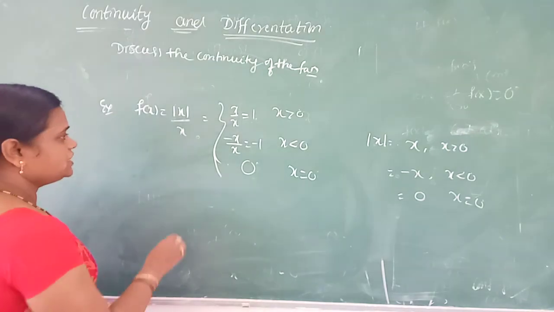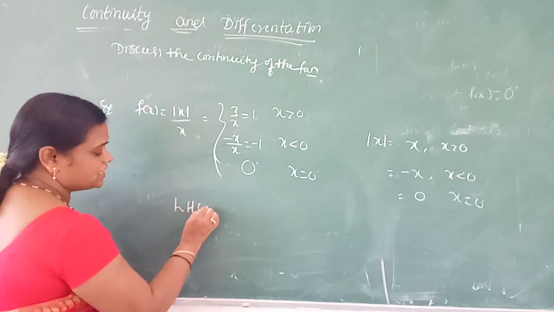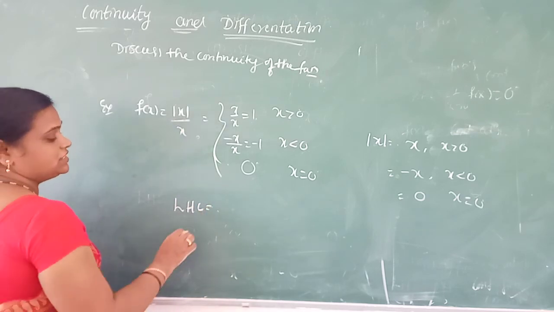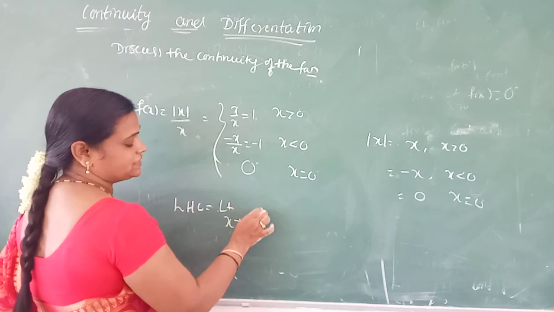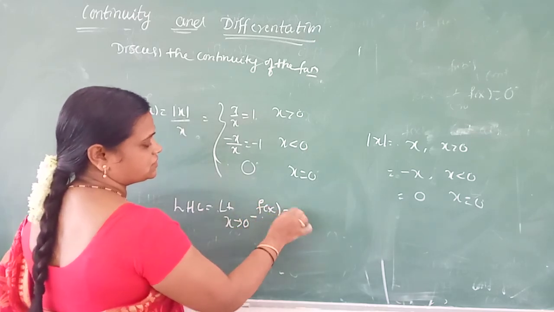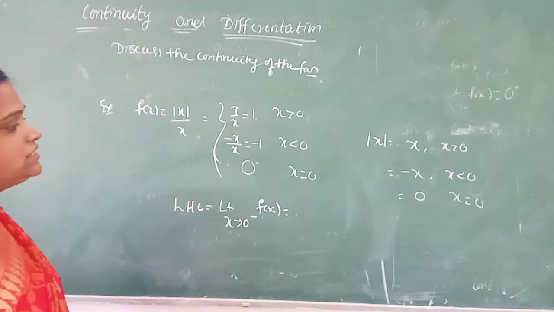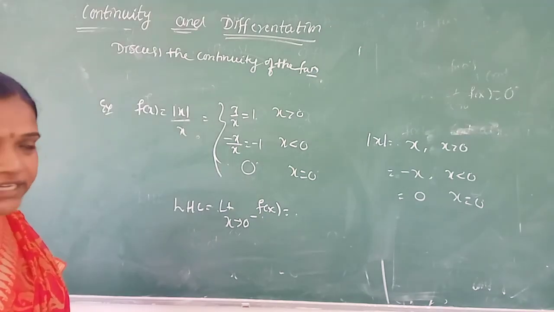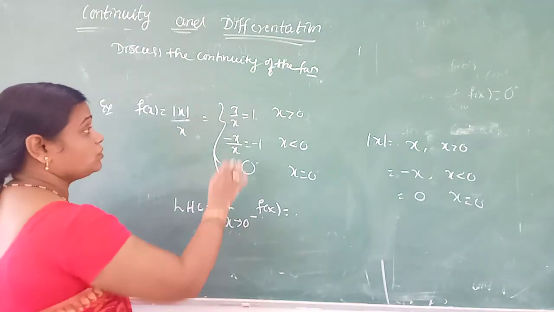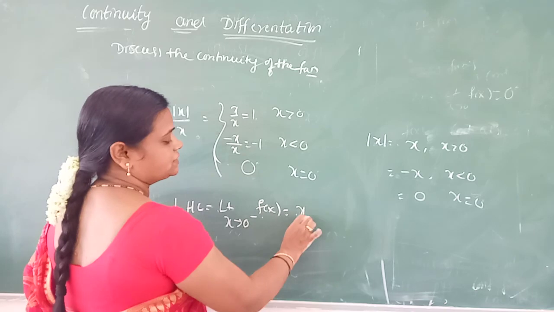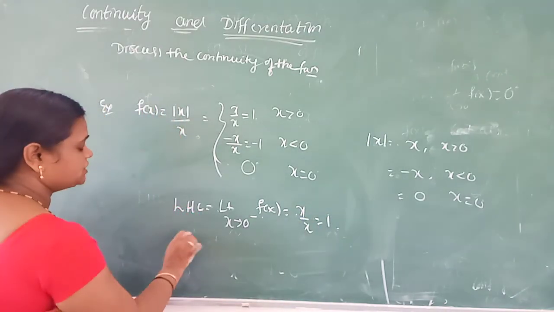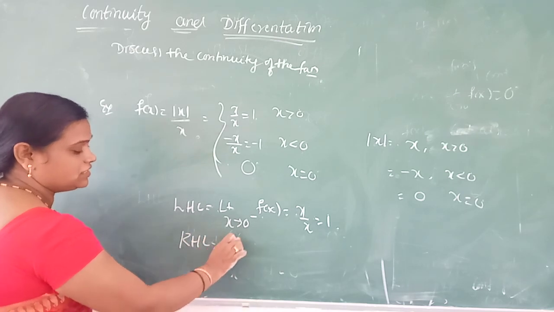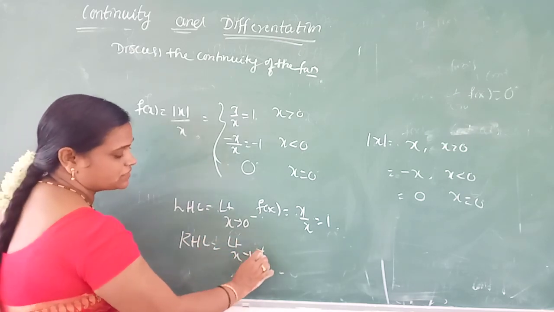See, just concentrate on the LHL, that is the limit as x tends to 0 minus of f of x. What is the value? That is x by x, what will we get? 1. Next, RHL, the limit as x tends to 0 plus of f of x.